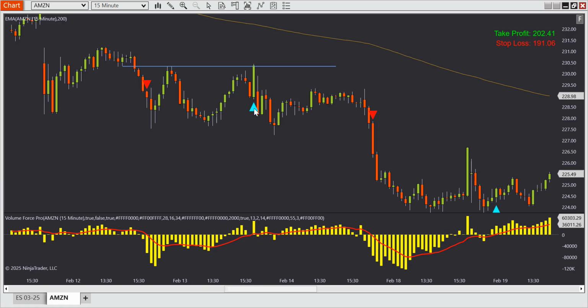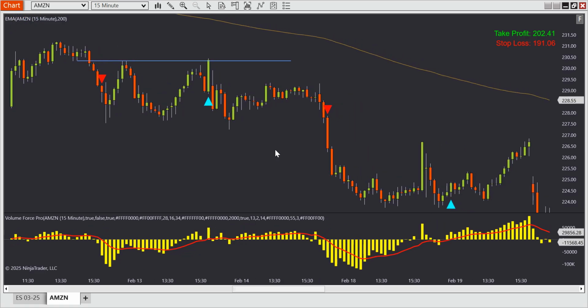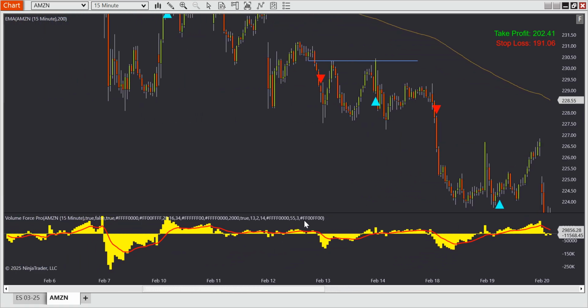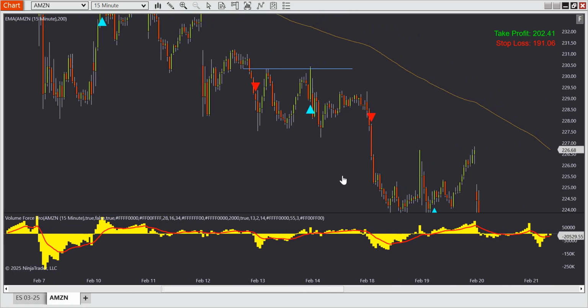We're ignoring the buy signals because, again, our bias is bearish. We're only looking for sells, and that is going to give the highest probability of these trades working out. So then a super strong move here, clearing out all these lows, continuing the downtrend.